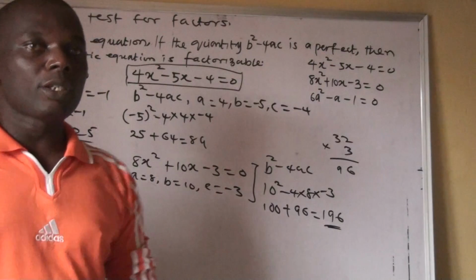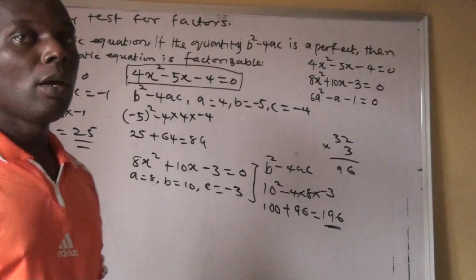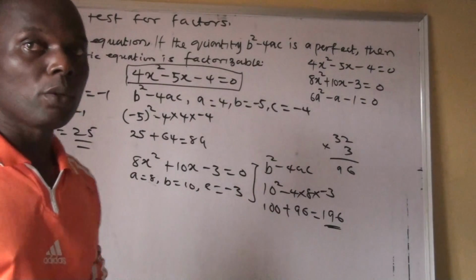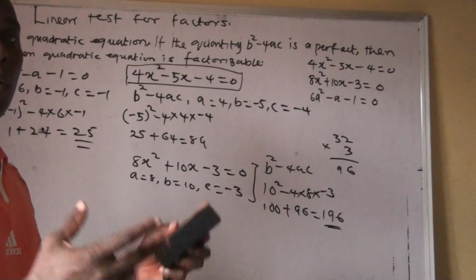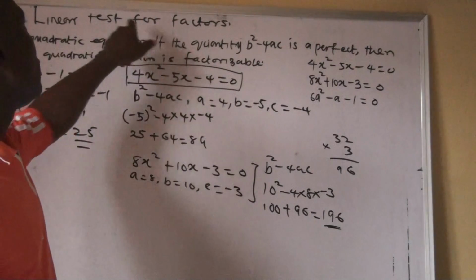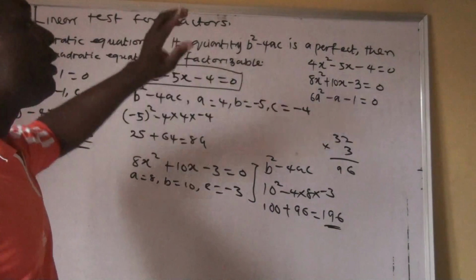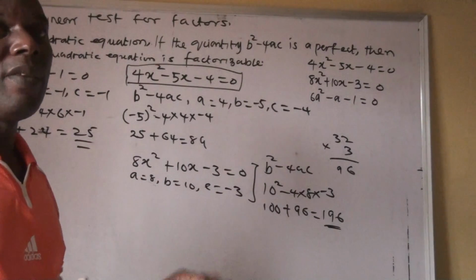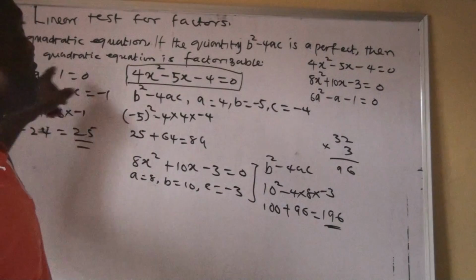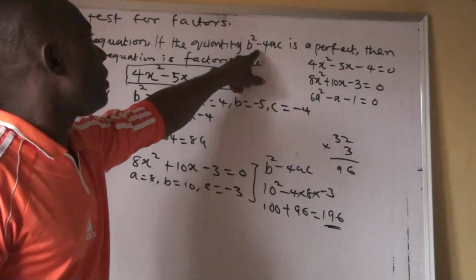So in this short video, what we are trying to establish is that sometimes if you are given a quadratic equation and you are asked to factorize, you do a linear test for the factors. You test whether the equation is factorizable by using the expression b squared minus 4ac.